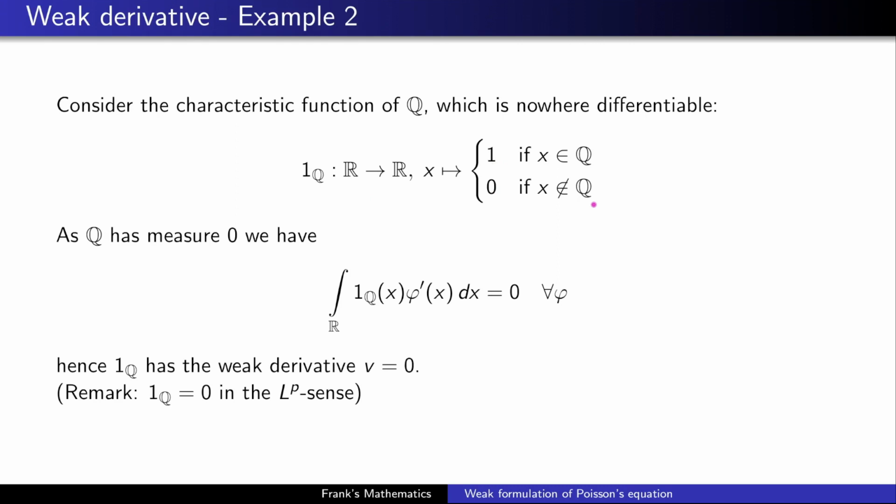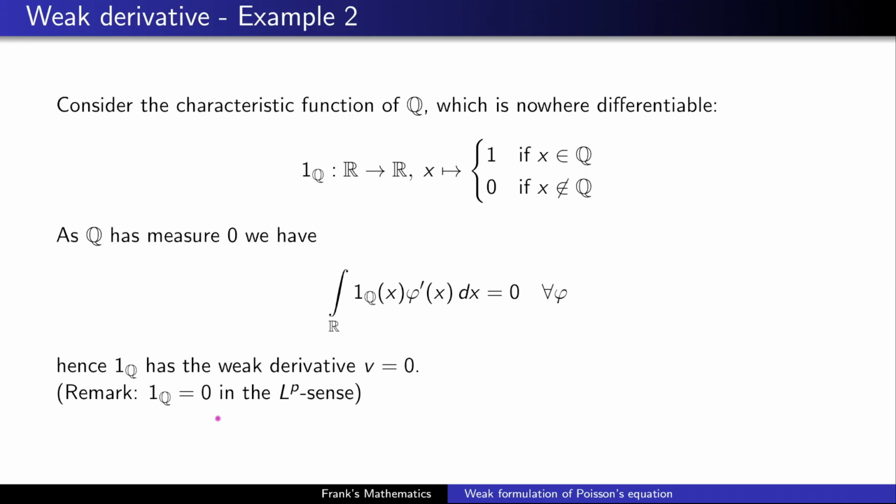It's an interesting exercise, usually done in analysis, to show that this function is nowhere differentiable. However, we can compute the weak derivative, and the only thing you have to do is compute the integral over R of the characteristic function of Q multiplied with the derivative of our test function phi. Well, it's obviously 0 because Q has measure 0 in the L^p sense, right?